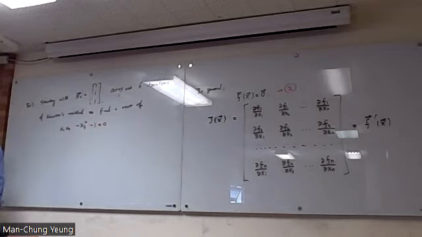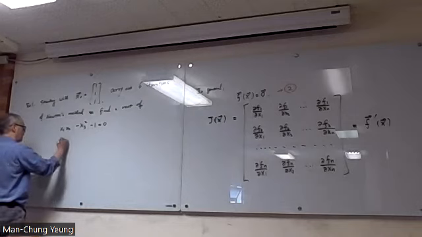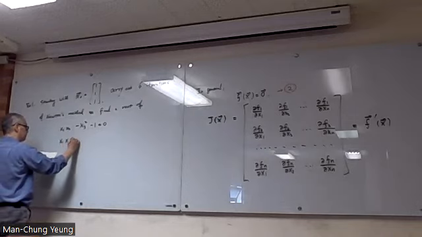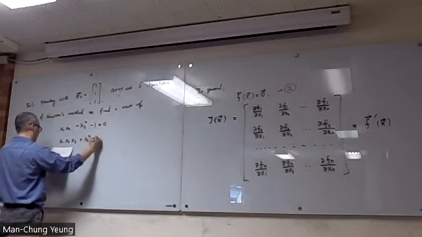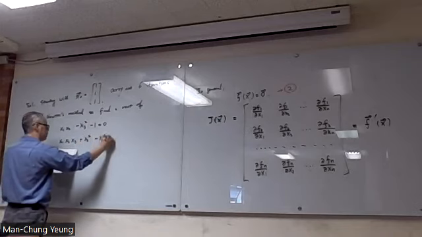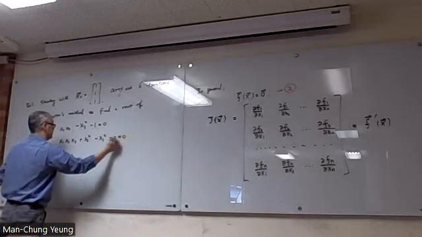Yes, three unknowns. Second equation: x1 x2 x3 plus x2 squared minus x1 squared minus 2 is 0.